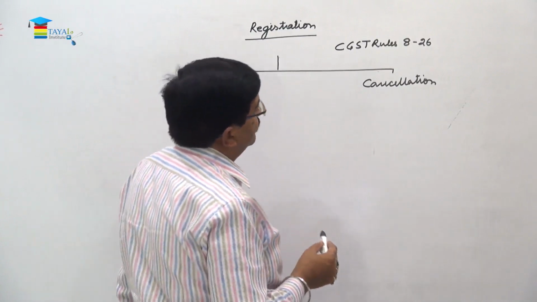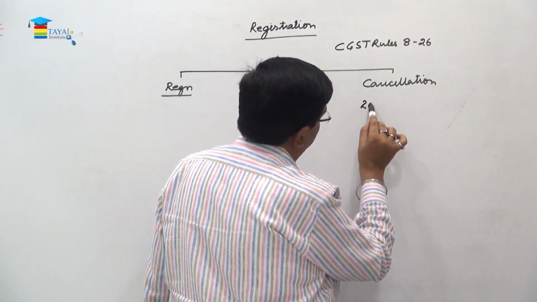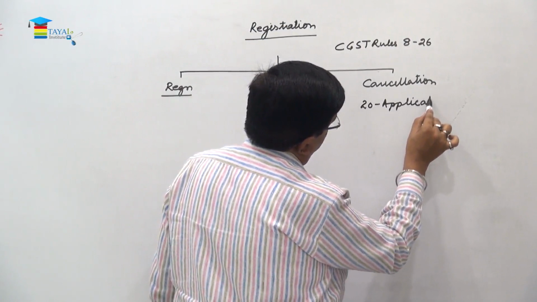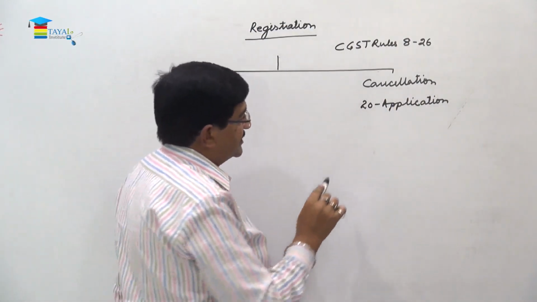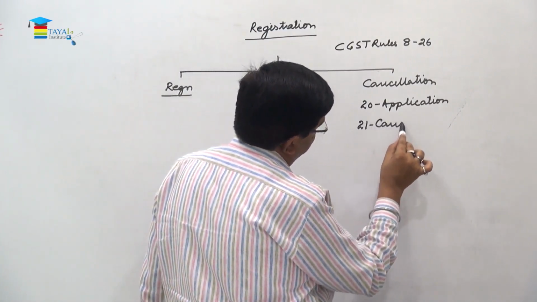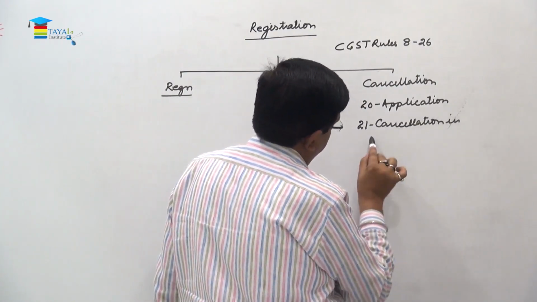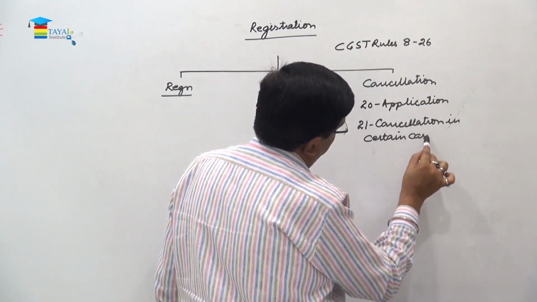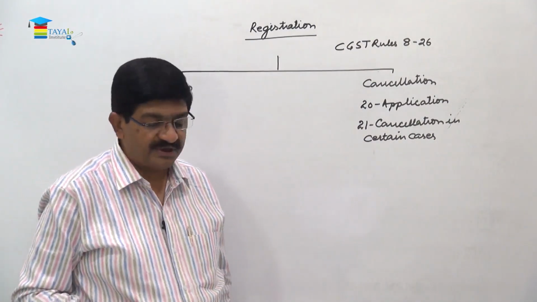So this is for cancellation. We have rule number 20, which talks about application for cancellation. And then rule number 21, this talks about cancellation in certain cases. So this is a case where the officer is having the authority to cancel the registration of the supplier in certain cases.